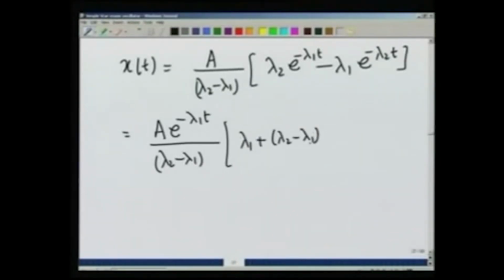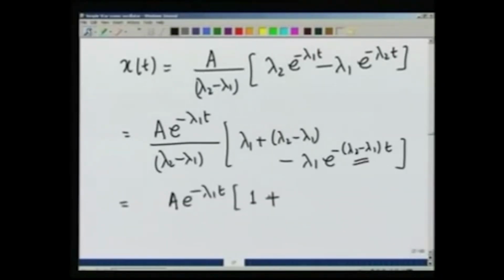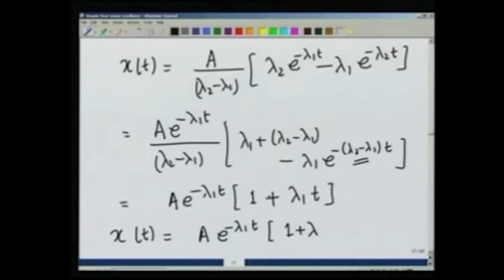I am writing it in this form because I am dividing by lambda 2 minus lambda 1, e raised to minus lambda 2 minus lambda 1 t. Since lambda 2 is approaching lambda 1, I am going to expand this and keep it only up to the first order. The solution comes out to be a e raised to minus lambda 1 t times 1 plus lambda 1 t. You can check it for yourself, and therefore, in this case x t is equal to a e raised to minus lambda 1 t times 1 plus lambda 1 t.